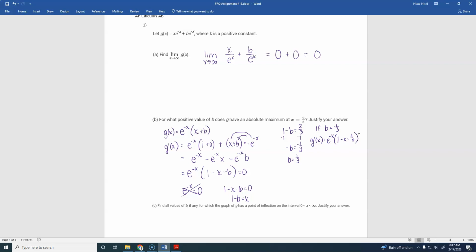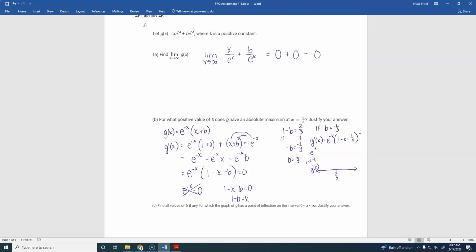And so if we make a sign line for that, our g prime of x would have a critical point at 2/3, and the e to the negative x and the 1 minus x minus 1/3.